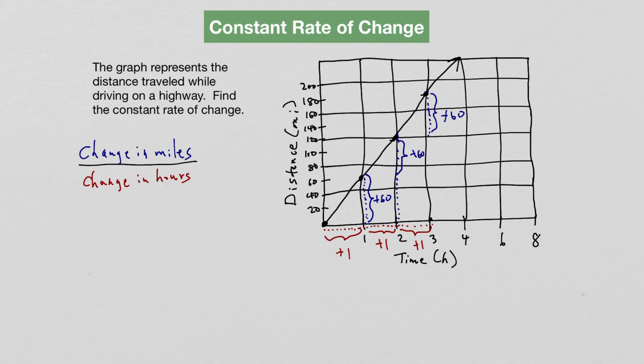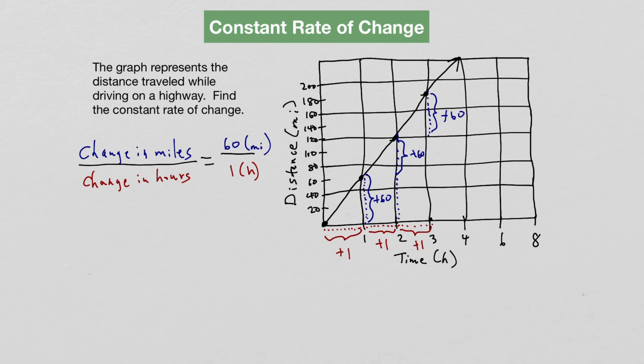Okay, so the constant rate of change would then be equal to 60, which is our change in miles, divided by the change in hours, which is 1. This is 1 hour, and the numerator is 60 miles.